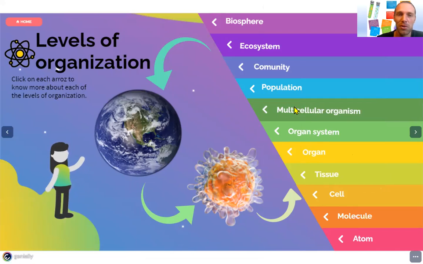Multicellular organism, you're looking at humans, okay? How many sciences are there about humans? You know, multicellular organism, you're talking about social studies, political studies, economical studies. It's all on the level of multicellular organism. Population as well.